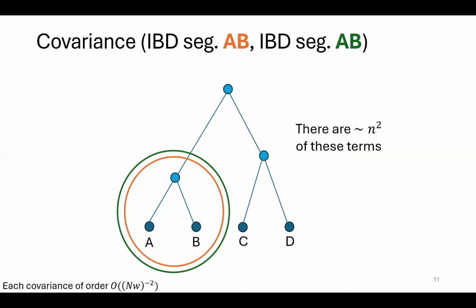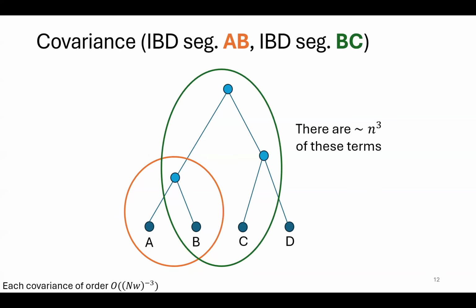So these are the orange and green circles, and they're containing the exact same IBD segment indicator. There will be approximately n squared of these covariance terms when we're considering the sum of all covariance. And each of these marginal covariance terms will be of the order big O of NW to the -2.